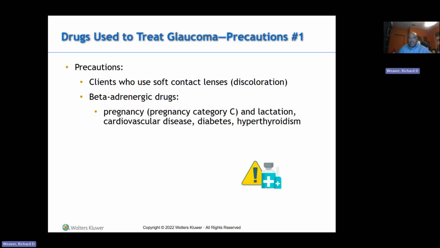if you will, and not being managed properly. Now, clients taking beta adrenergic blocking drugs for ophthalmic reasons may experience an increased or additive effect when the drugs are administered with oral beta adrenergic blockers.